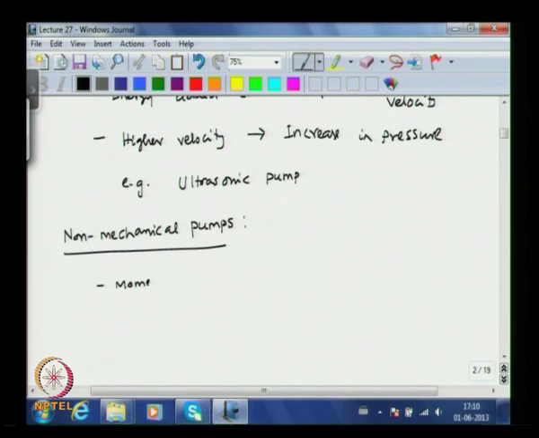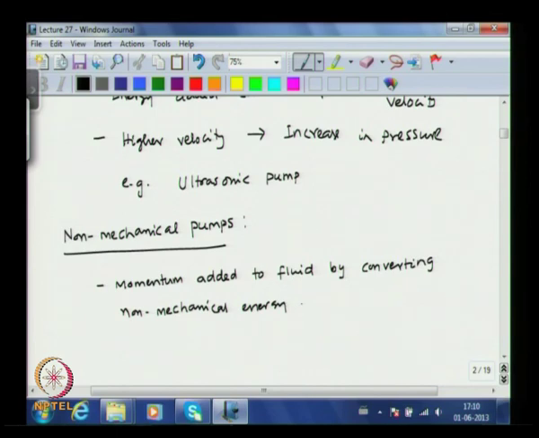So, momentum is added to the fluid by converting non-mechanical energy such as electrical or magnetic energy into kinetic energy. Okay.